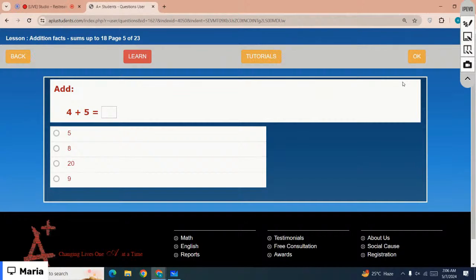So 5, 6, 7, 8, and 9. The correct option is 9. It is 5 plus 4 is 9.